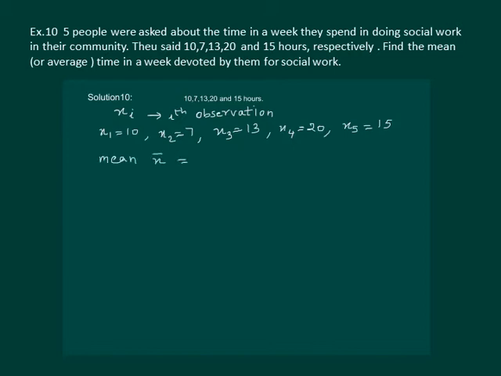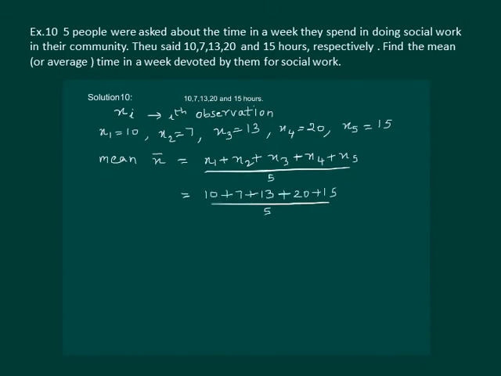Now the mean x bar is equal to the sum of all the observations, that is x1 plus x2 plus x3 plus x4 plus x5 by the total number of observations, those are 5 in number. Now substitute the values and get this expression.